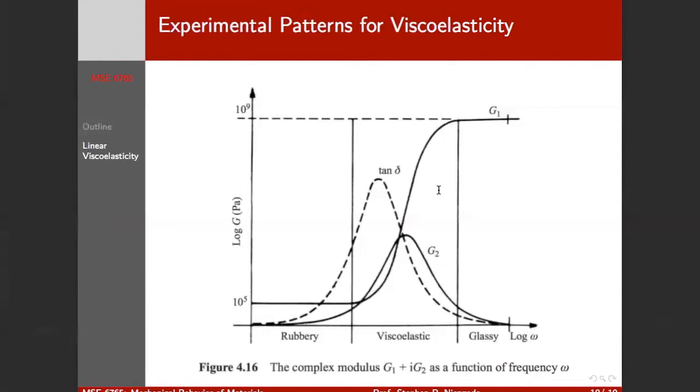As we come down, our storage modulus decreases, and at very low frequencies reaches a minimum. Then there's our loss modulus. We have this region in the middle from the contribution of the two. This is the tangent of our phase shift, and we can define a viscoelastic region where this phase shift is at some kind of peak.